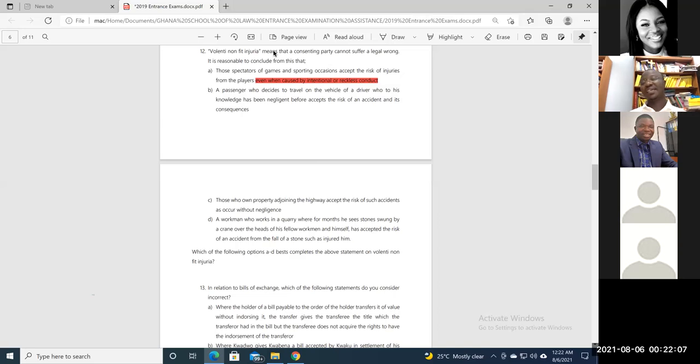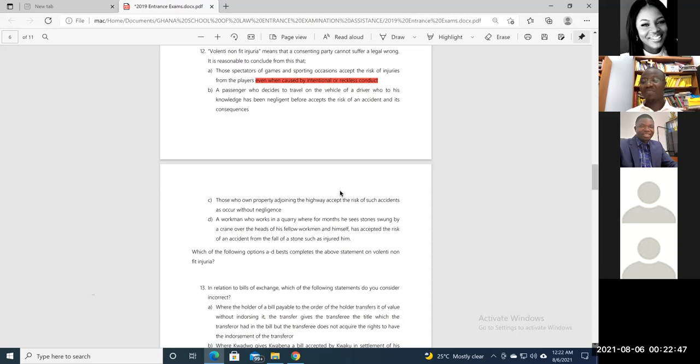Suppose a player playing very roughly decides to give a strong shot targeting the ball at another player, and instead of hitting that player, it goes off and hits a spectator. Will it be any different?